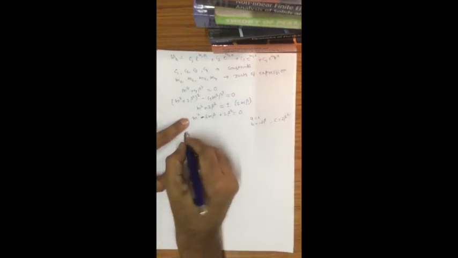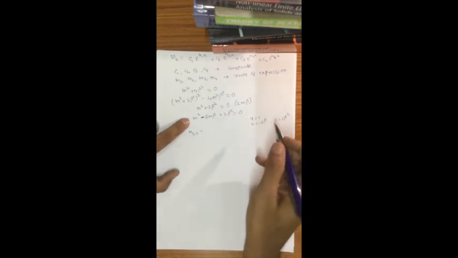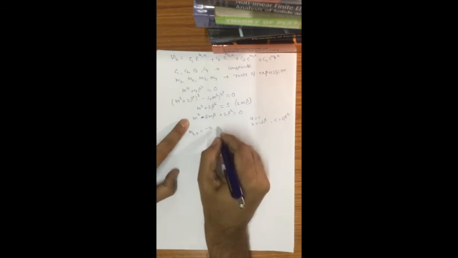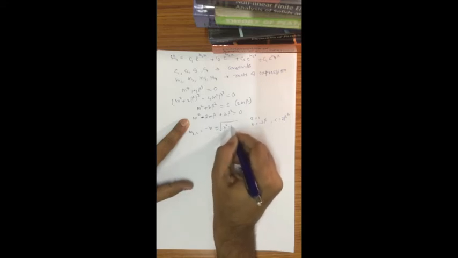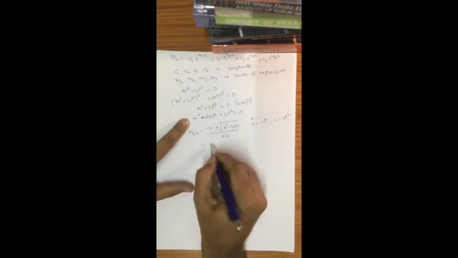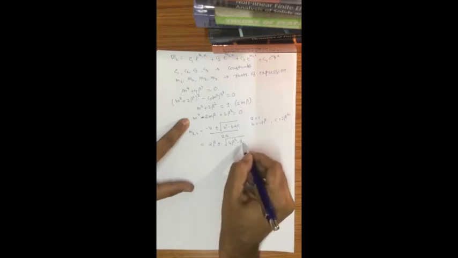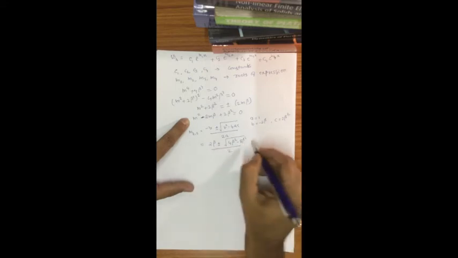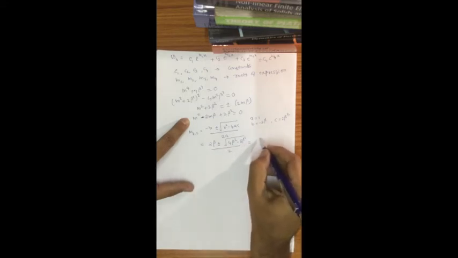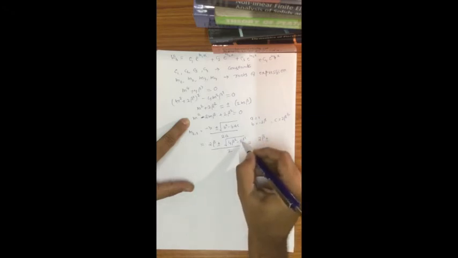In order to solve this, we know that m1,2 is equal to (-b ± √(b^2 - 4ac))/2a. If I substitute here, I get (2β ± √(4β^2 - 8β^2))/2, which is equal to (2β ± √(-4β^2))/2.